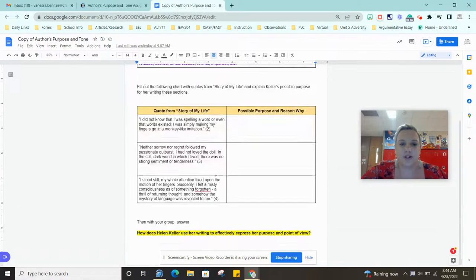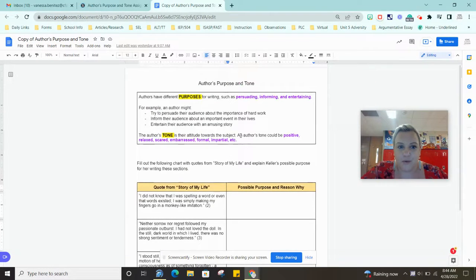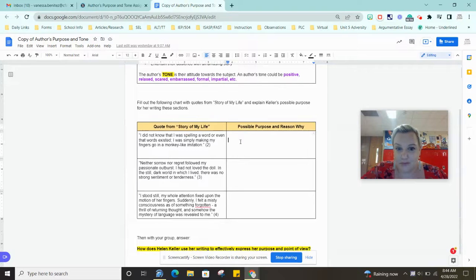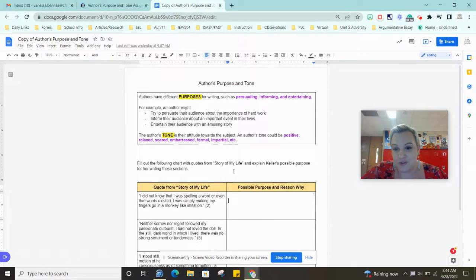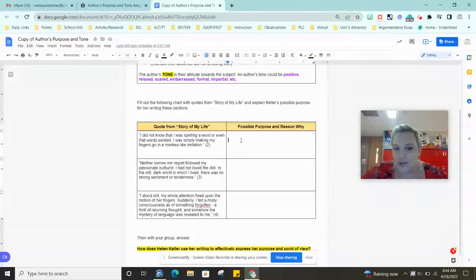So what you're going to do, there's 4 questions in this assignment. You're going to read the pieces of text evidence on this side and decide, I know this is all from the same story, but do you think there can be different purposes within a story? Helen Keller's story doesn't just have to be informational, okay? So I want you to read these 3 pieces of text evidence and decide, is it just informational or is it something else?